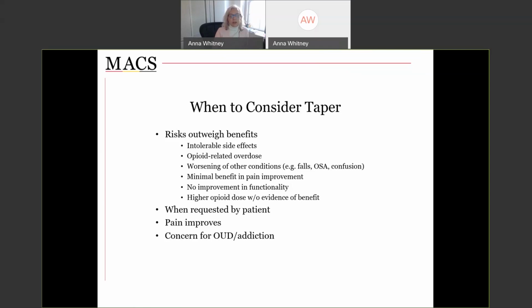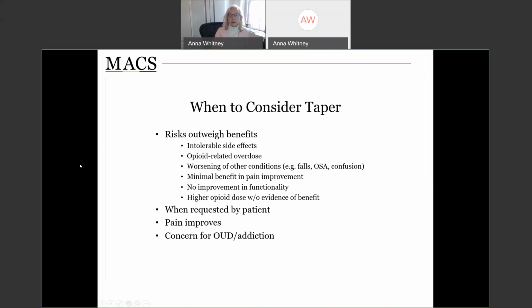And surprisingly, we would like to think that when patients request to lower the dose, it should be listened to, but surveys have identified that anywhere between 50 and 80% of patients who are prescribed long-term opioids would like to try and taper, either reduce their dose or taper completely off. So this is something that we should be asking patients about.